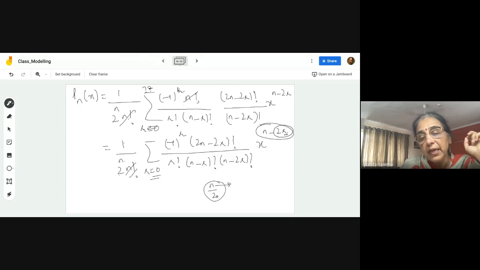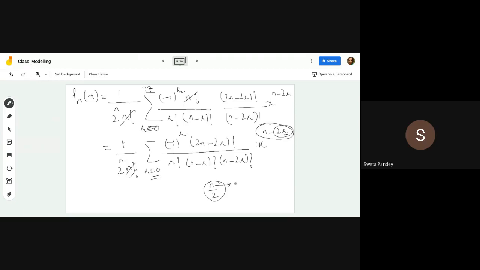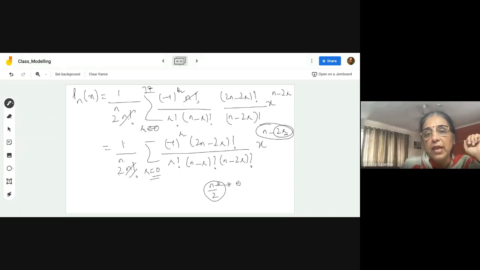But n by 2 is an integer only when what happens? When n is even. So that means when n is even, it should end up at n by 2. But what if it is odd? Where should it end up?